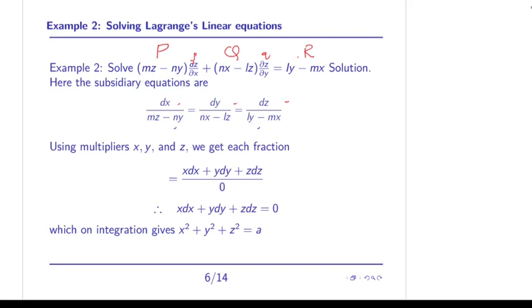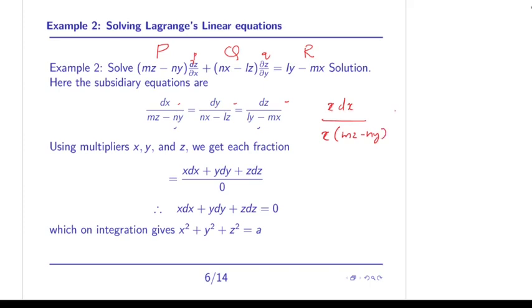Okay, so first of all you need to use multipliers x, y, and z. That means you multiply the first ratio, numerator and denominator, with x. So x dx divided by x into (mz minus ny).